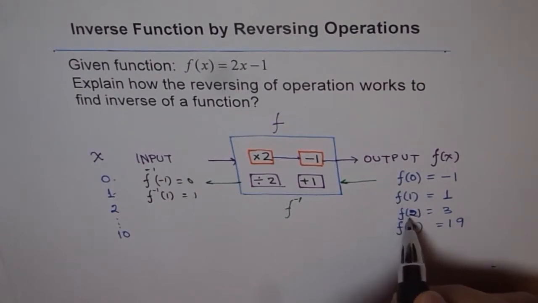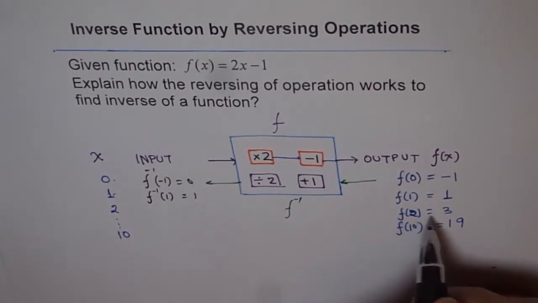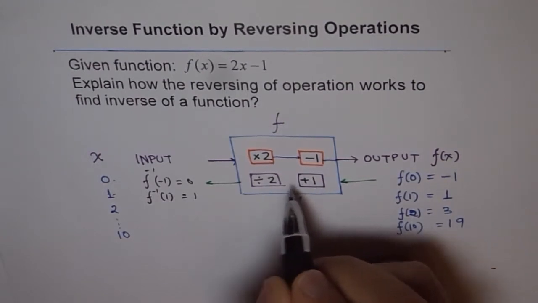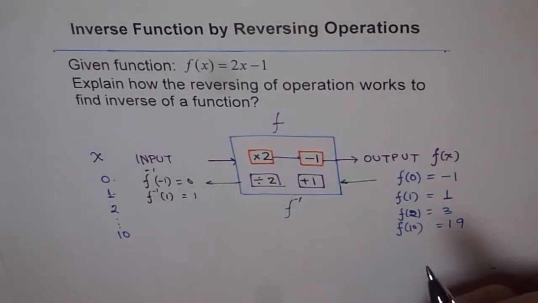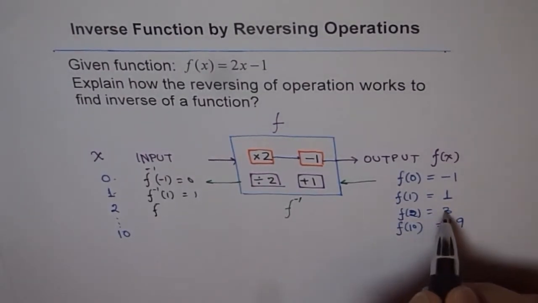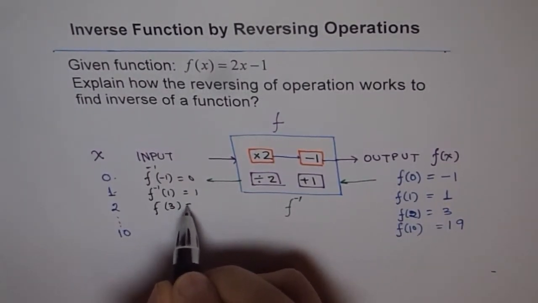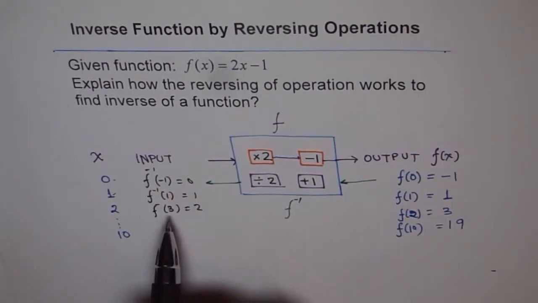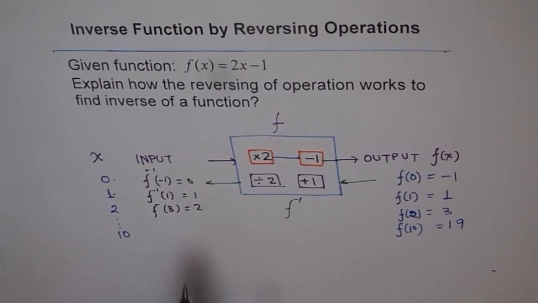So f inverse of 1 is 1, correct? We can try with 2. Now, f(2) was 3. So if I plug in 3 here, 3 plus 1 is 4. And 4 divided by 2 is 2. So we get f inverse of 3 as 2. Make a note of how I am writing it, right? Now the input was 3, right?